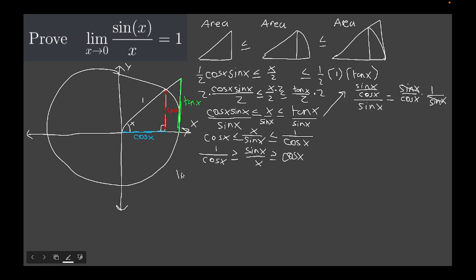We're going to write it as the limit as x approaches 0 of 1 over cosine of x is greater than or equal to the limit as x approaches 0 of sine of x over x is greater than or equal to the limit as x approaches 0 of cosine of x.